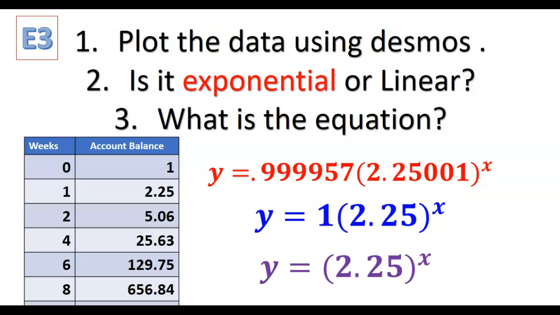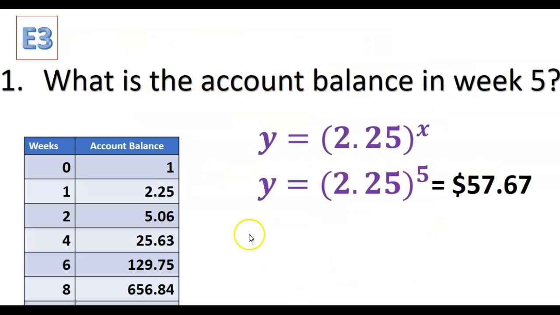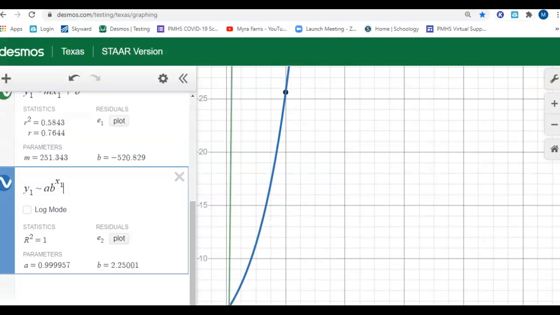Many of the times after you find the equation, there is then a follow-up question. The follow-up question is, what is the account balance in 5 weeks?